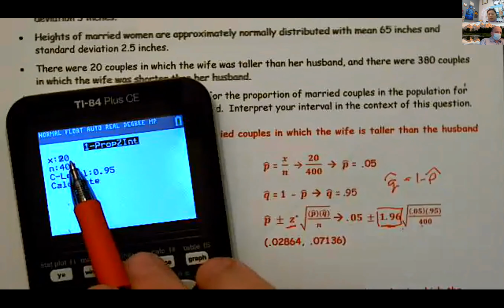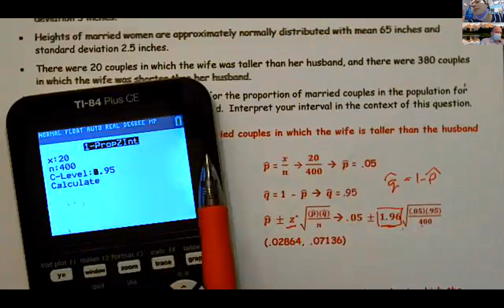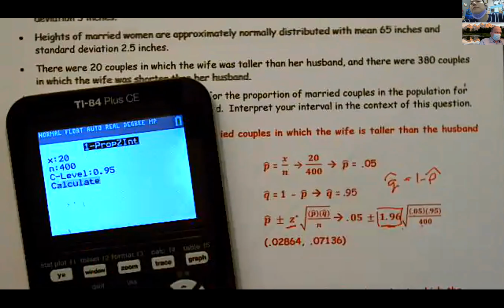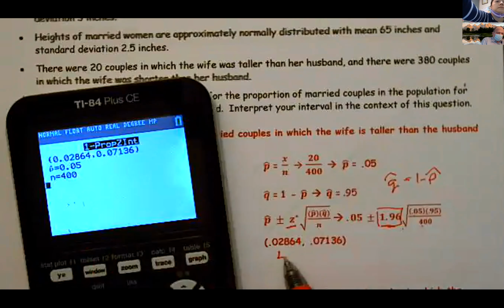The number of couples where the wife is taller was 20. The sample size is 400. And I have a confidence level of 0.95. So I end up getting this is my lower bound and this is my upper bound. What that really is saying is we expect the true population proportion of where women are taller than the men in a married couple is about 2.8% to 7.1%.